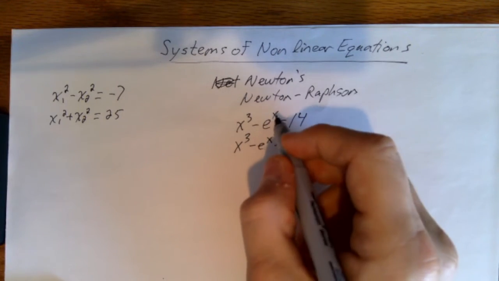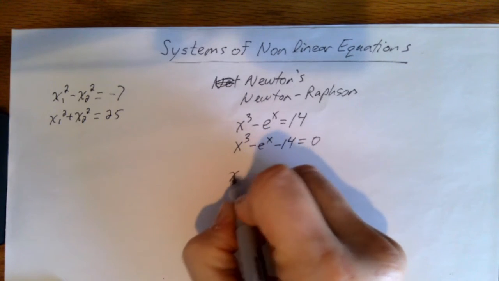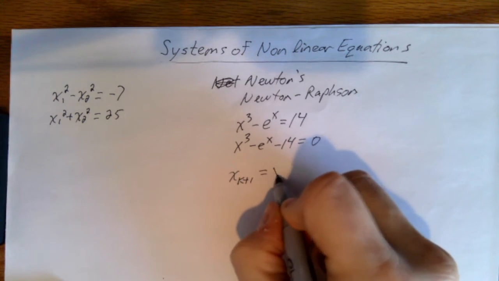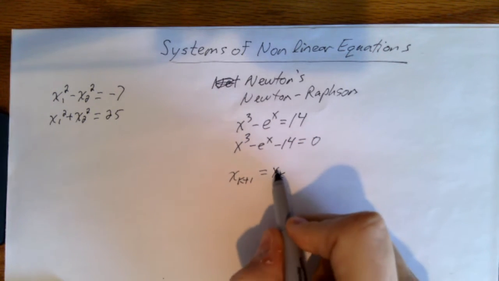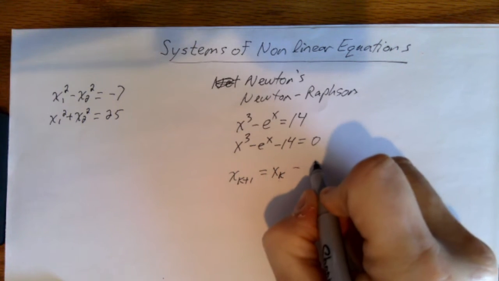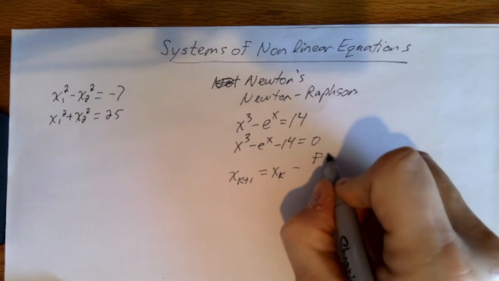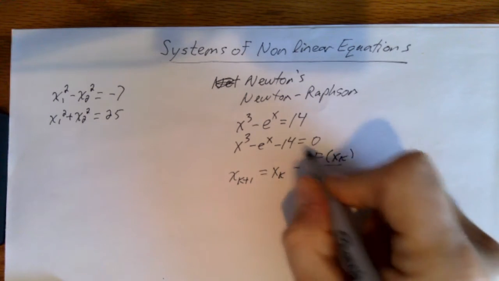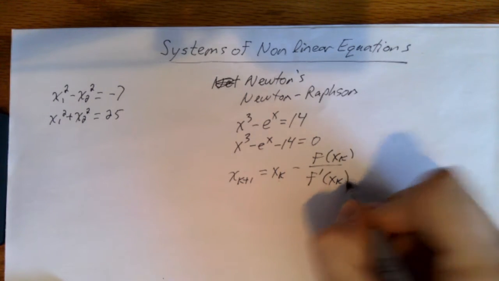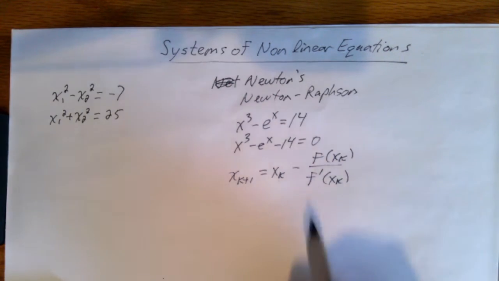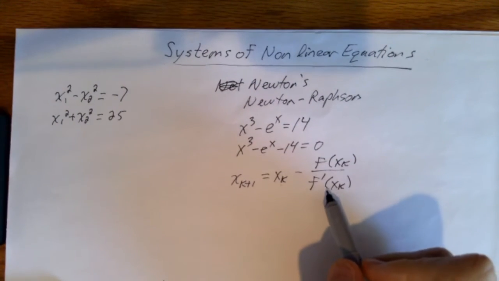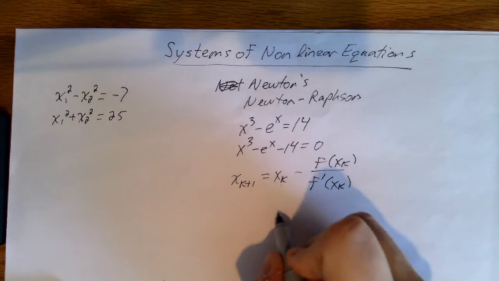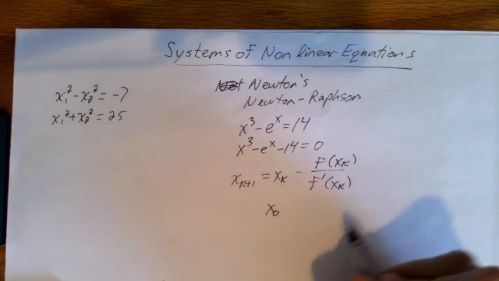But we found out that this method basically does this. To find the k plus 1th value of x, we use the current value of x, which is x of k, minus the function using x of k, divided by the first derivative of that function using x of k. That is, we find the first derivative of f, we plug in an initial guess, so we would have x sub 0 as our initial guess.